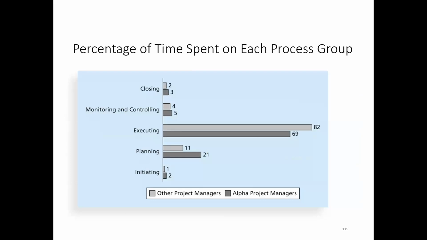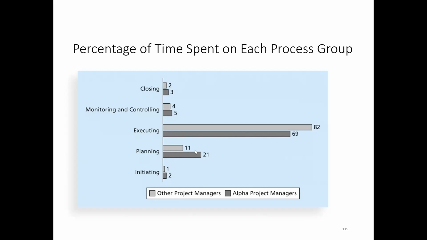Then the percentage of time spent on each process group. Here the gray color is for other project managers, and the dark gray color shows the alpha project manager. So this is the project manager's time spent on the project. In initiation, the alpha project manager works at a small, little level.